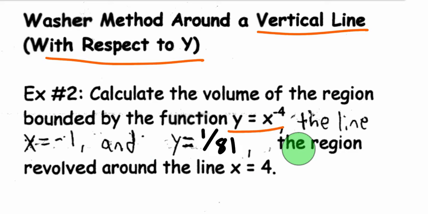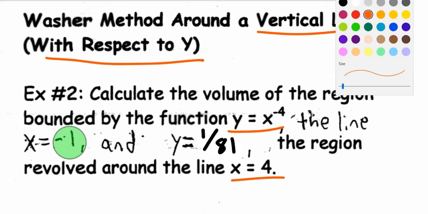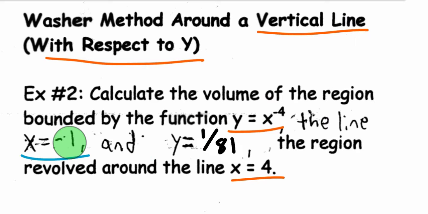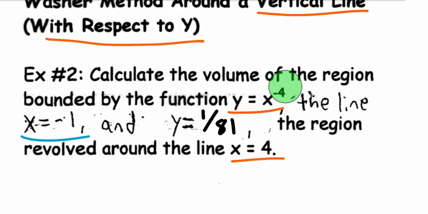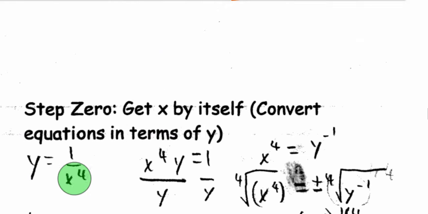So again, anytime you revolve around a vertical line, you will have to get x by itself for the two graphs, or relations rather, that you're using for your region. So initial step 0, we're going to get x by itself. So y equals x to the negative 4 is the same as y equals 1 over x to the 4th.